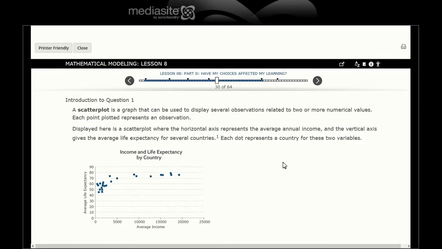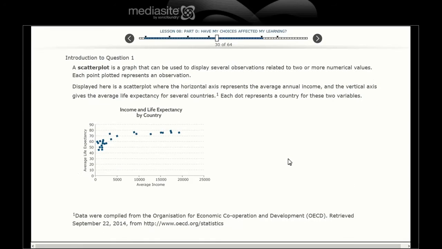So, a scatter plot is a graph that can be used to display several observations related to two numerical values. So again, X, Y. Basically we're looking at how average income can be used to determine average life expectancies. So again, this is the independent, and this is the dependent.